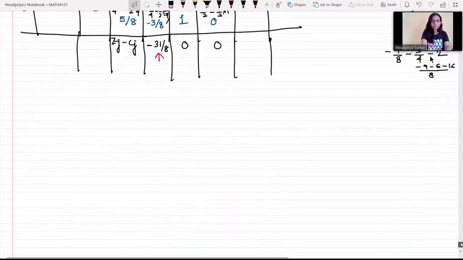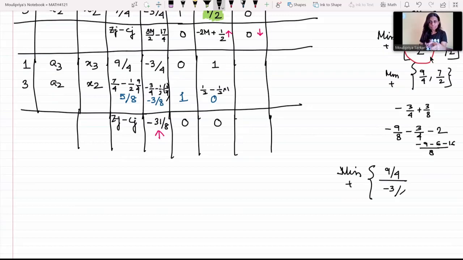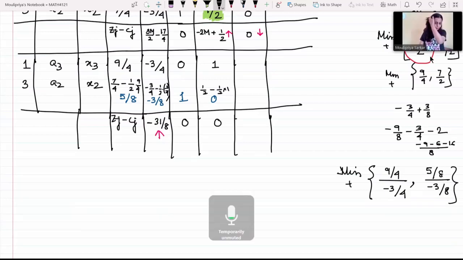We find the minimum positive ratio among 9 by 4 by minus 3 by 4, and 5 by 8 by minus 3 by 8. Is it possible to get a positive ratio among the two? If this be the case, we say that the problem has an unbounded solution.